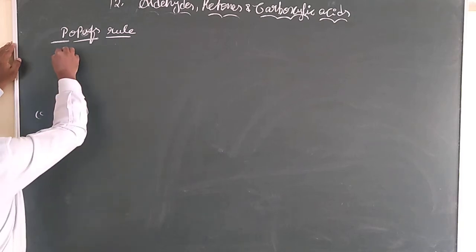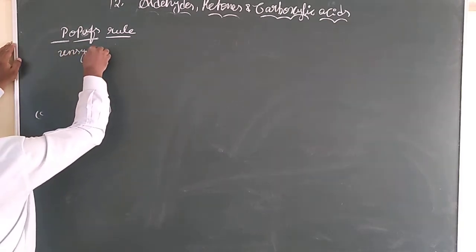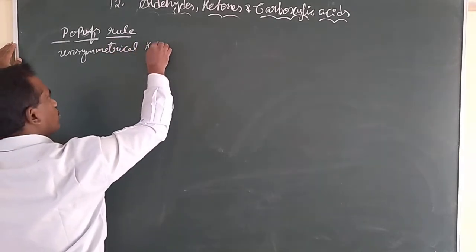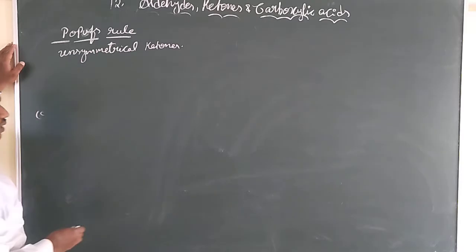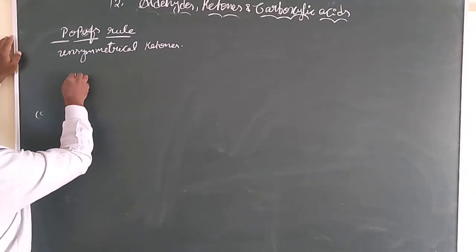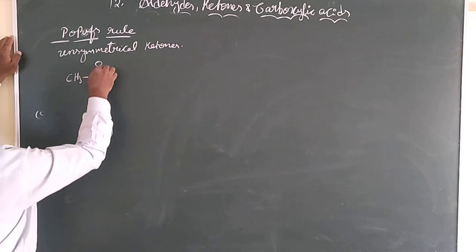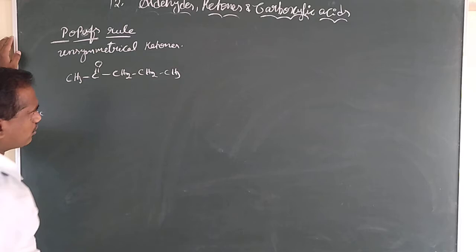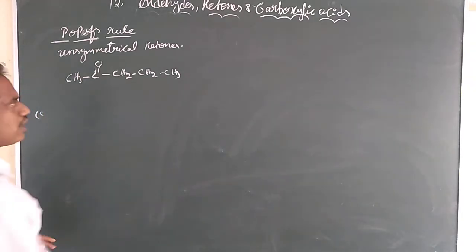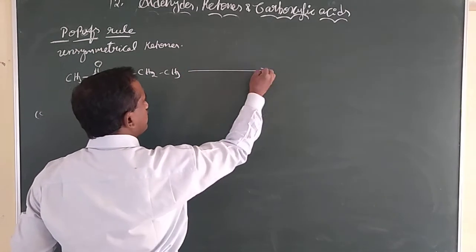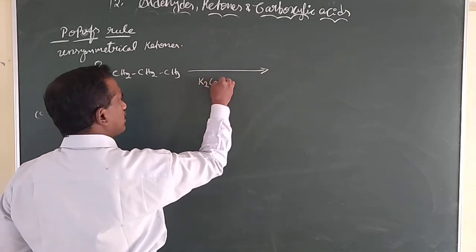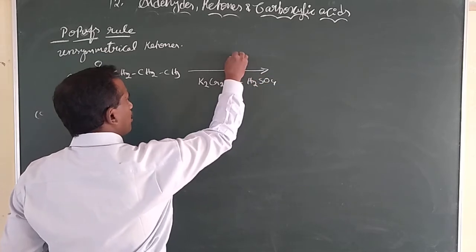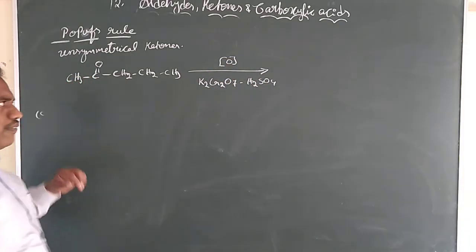It means in the case of unsymmetrical ketones, like CH3, C double bonded O, CH2, CH3, this is not a symmetrical ketone, it is an unsymmetrical ketone. If you react it with an oxidizing agent like potassium dichromate in the presence of sulfuric acid.